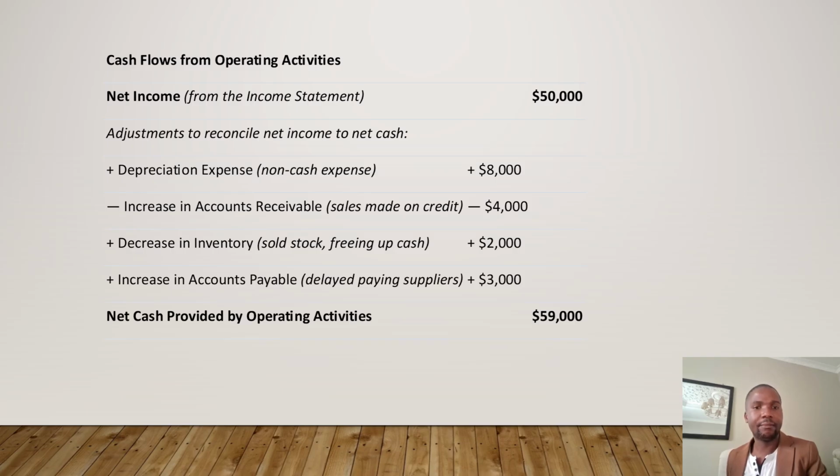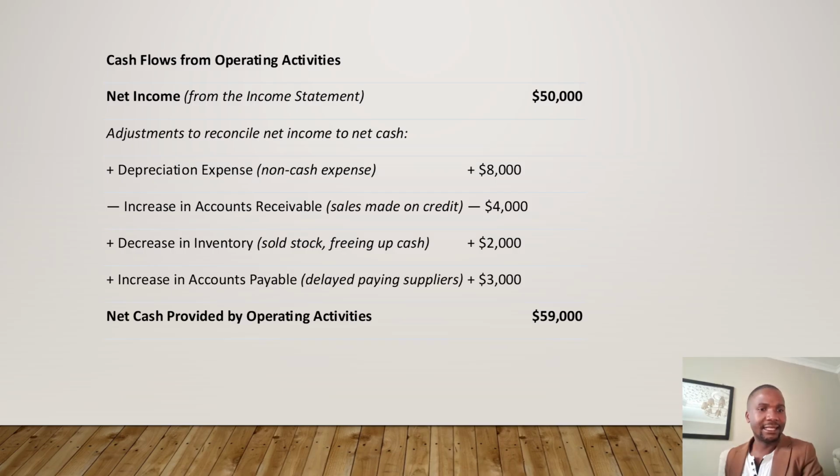We delayed paying our suppliers, thereby increasing the cash in our hands. If it was the vice versa, we would have said we are now paying the suppliers, then it would have been a cash outflow and we would have subtracted. So here the net adjustment is 9,000, which is a cash inflow.